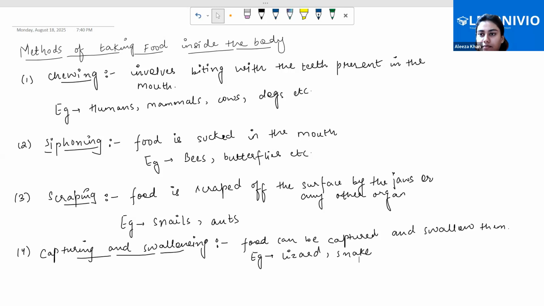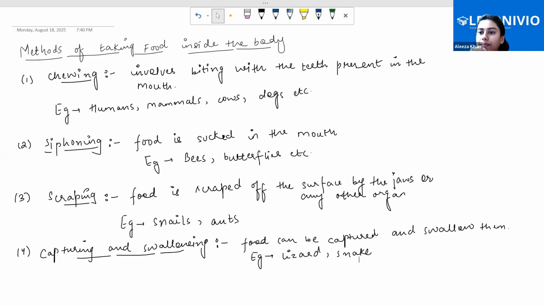What do you write after capturing and swallowing? Swallowing. Swallowing is when you are not chewing it with your teeth, but directly taking that into your body. Is it good for humans? Sometimes humans do swallowing also.